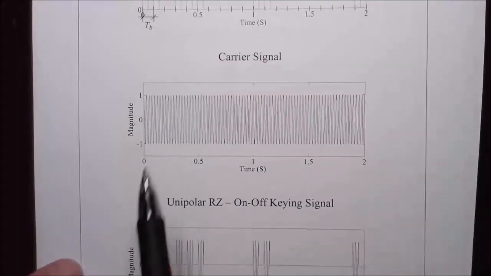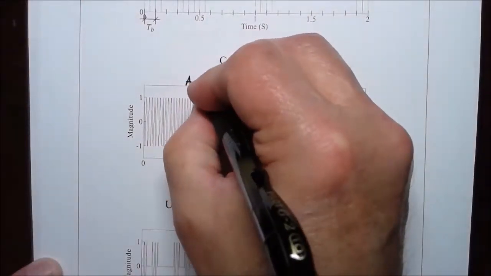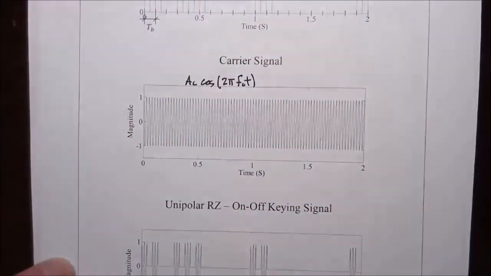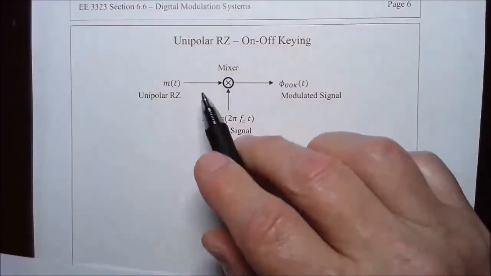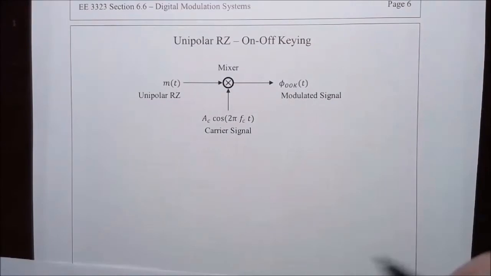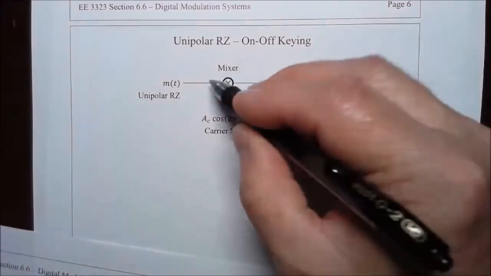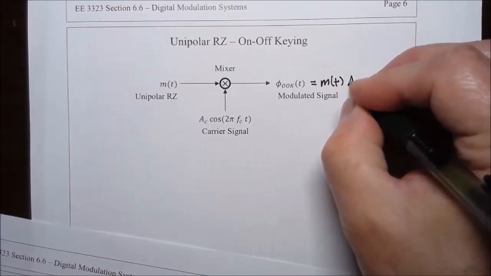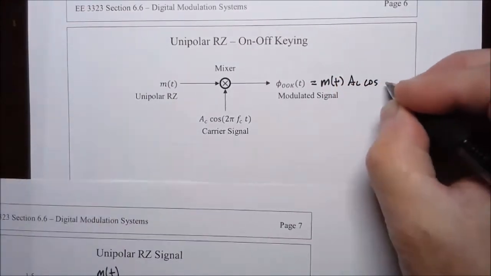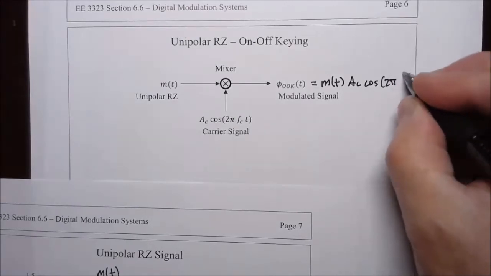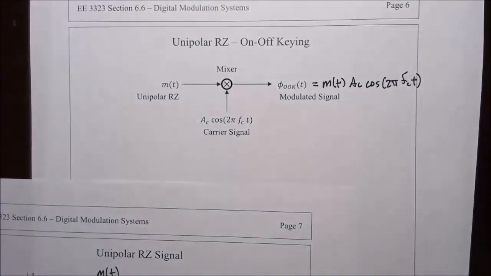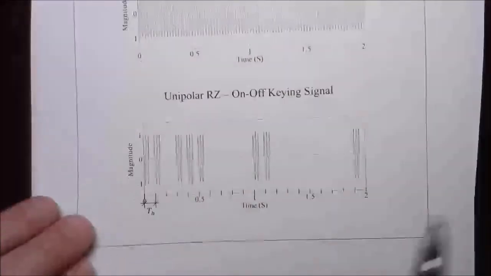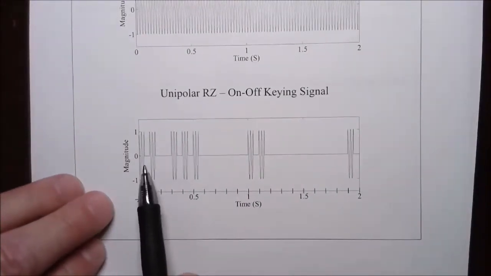The carrier signal is Ac times the cosine of 2 pi fc t, just as before. And we're again mixing the two together in a frequency mixer, so they multiply the two signals. This would be m of t times Ac cosine 2 pi fc t. That's the result of the mixer, which again will look like this.